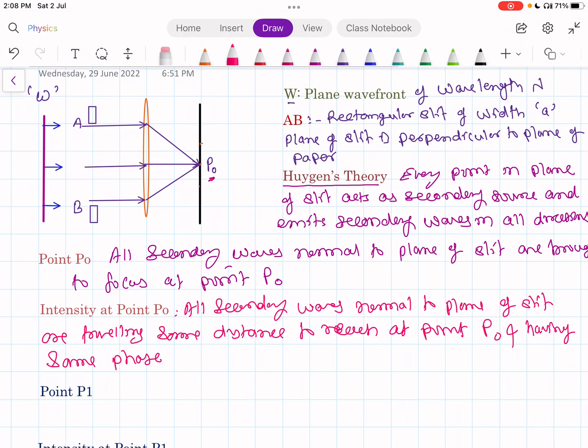In other words, all these secondary waves are having same phase at point P naught, and hence intensity at point P naught is maximum, and we are calling it central maxima.